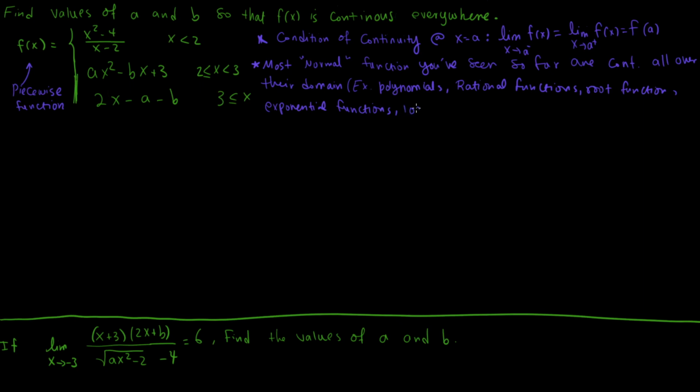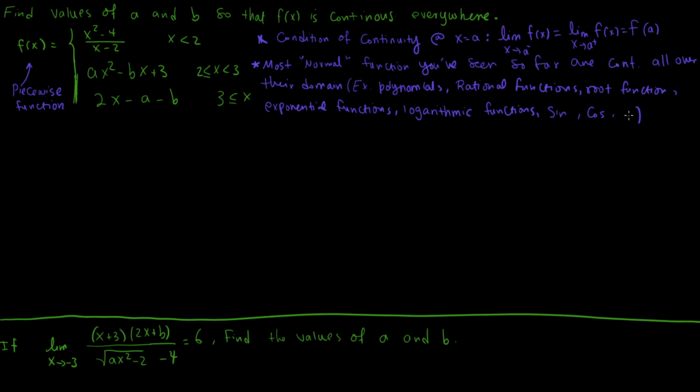Logarithmic functions, they also have the same note as rational functions, right? They have asymptotes, but the asymptotes are not a part of their domain. Sine and cosines, and etc. So most of these functions that you've dealt with over your high school education, these are continuous.